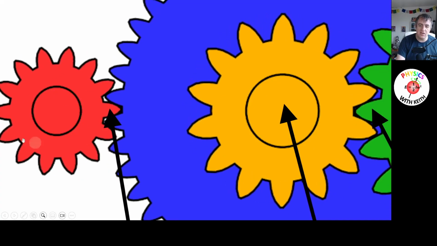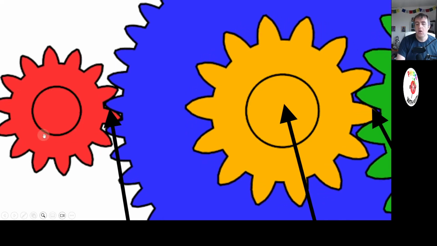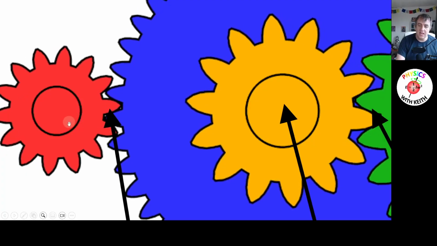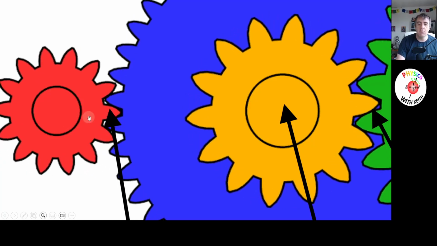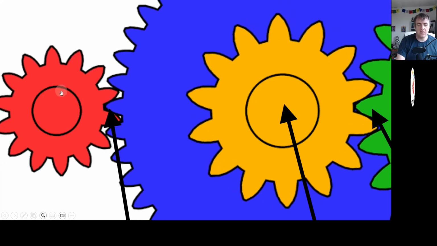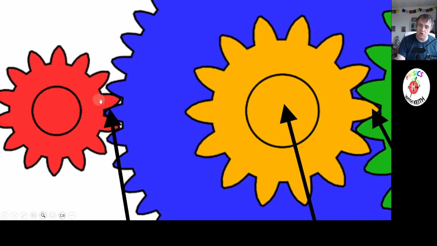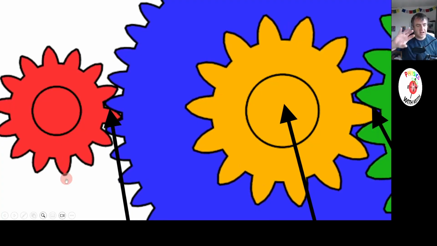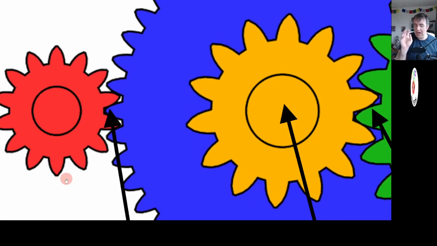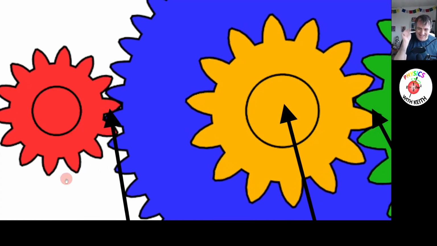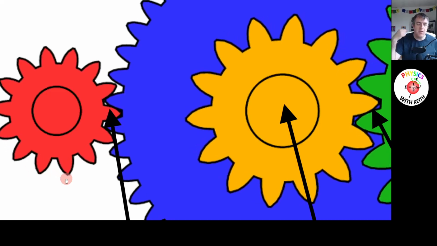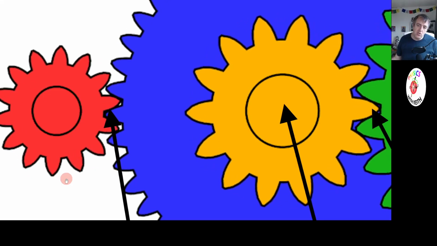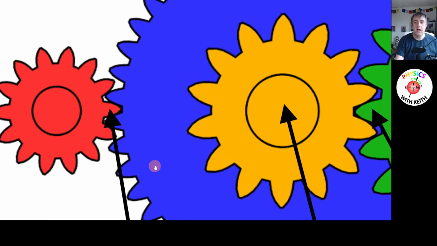Because the red gear is rotating at a constant speed, whatever moment I am putting into the red gear clockwise is equal in magnitude to the moment anti-clockwise that the red gear is getting by being pushed back by the blue gear. So yes, this red gear is rotating constantly, but that means the resultant moment on it is 0.